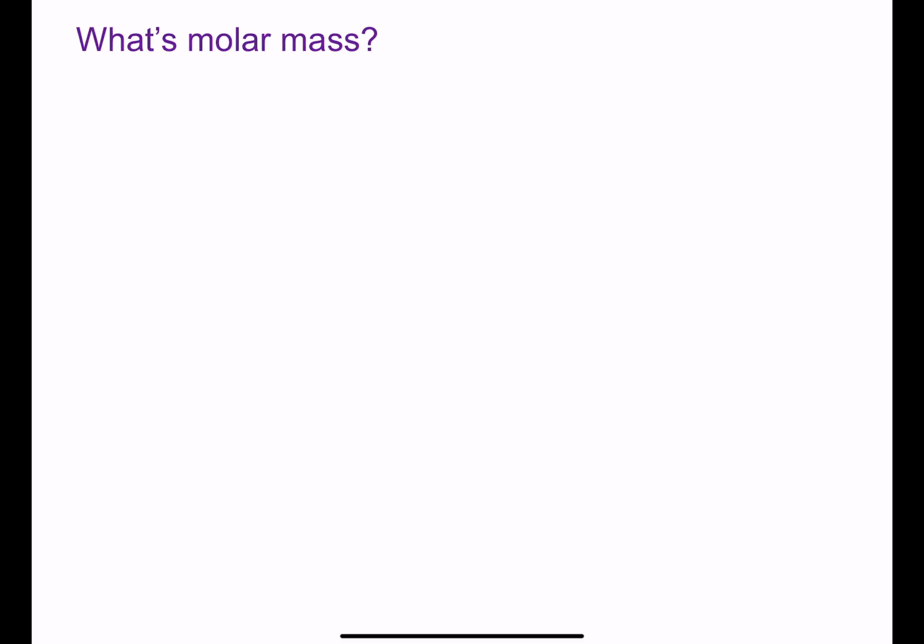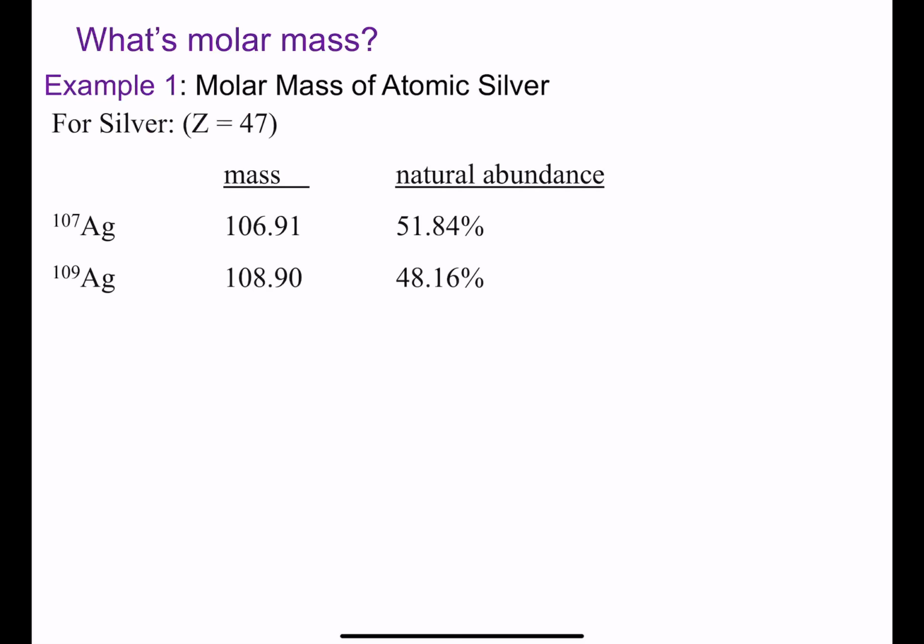So that leads us to molar mass, and tying in with that first question of why those elements have decimal places. Let's do an example of molar mass. To find the molar mass of any substance, we need to find the weighted average of the isotopes.